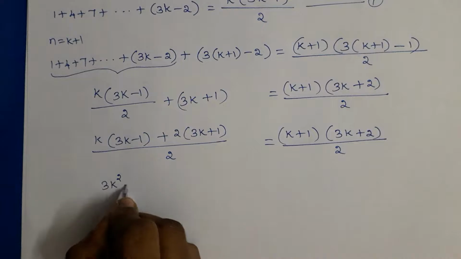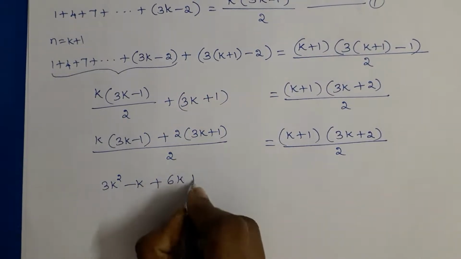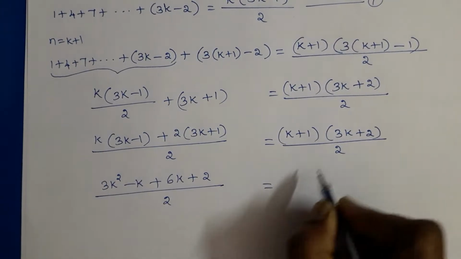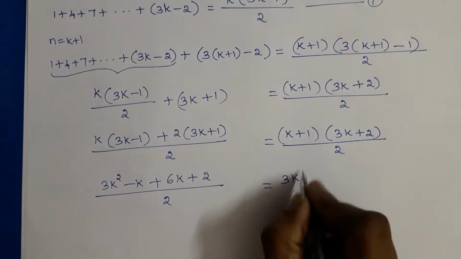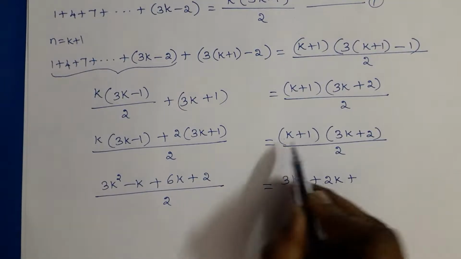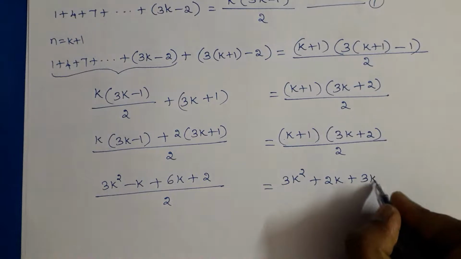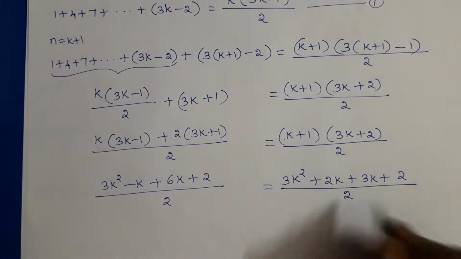Now we can simplify this equation. 3k square minus k plus 6k plus 2, divided by 2, is equal to multiplying these two terms: 3k square plus 2k plus 3k plus 2, divided by 2.